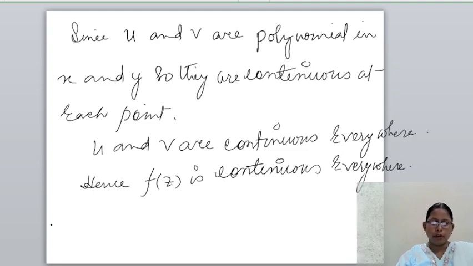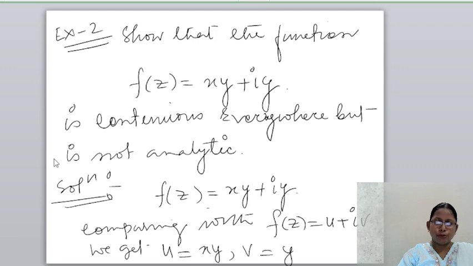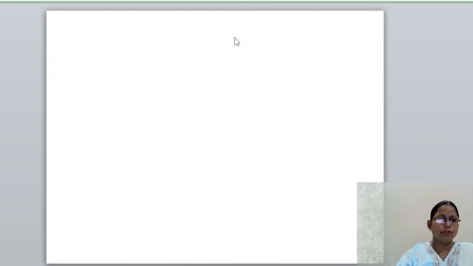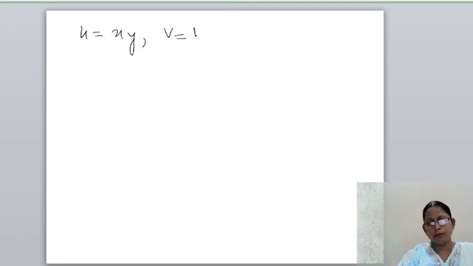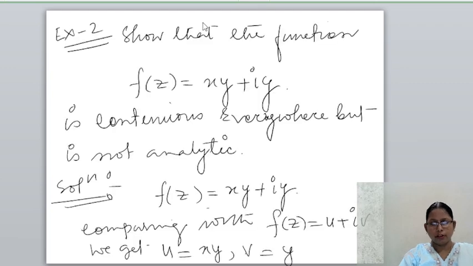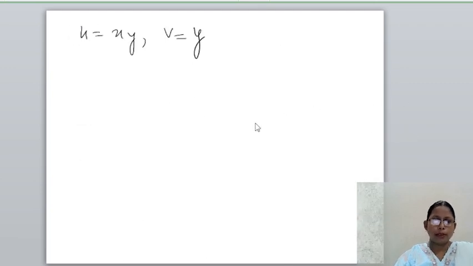Next, to show f(z) is analytic, this time we are going to find the partial derivatives of u and v with respect to x and y, and check whether the Cauchy-Riemann equations are satisfied or not. So what is u? u is xy and v is y.